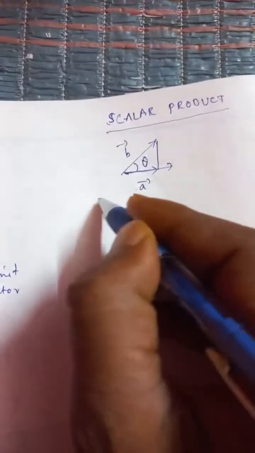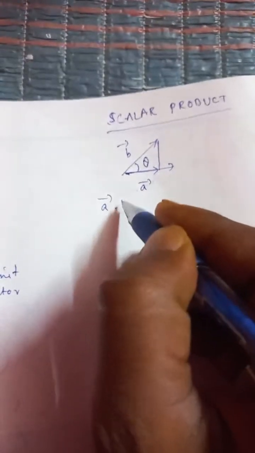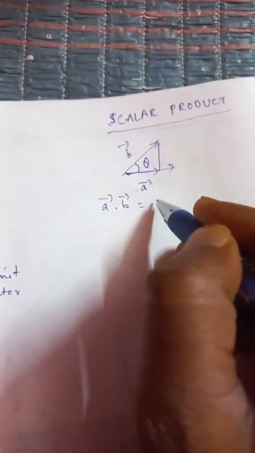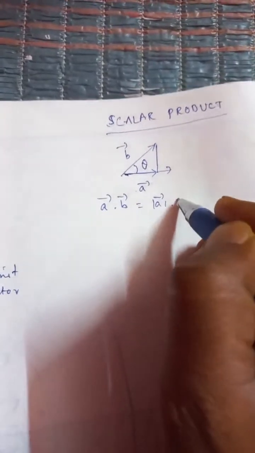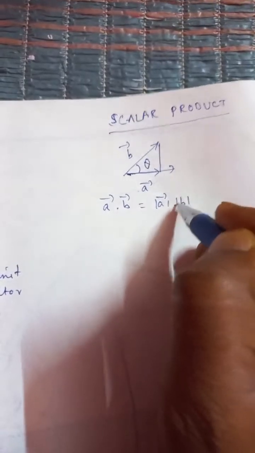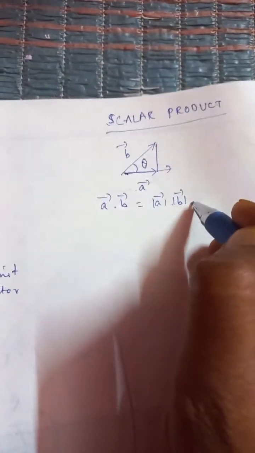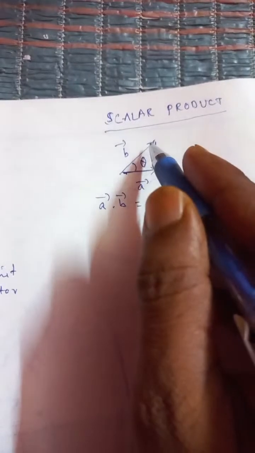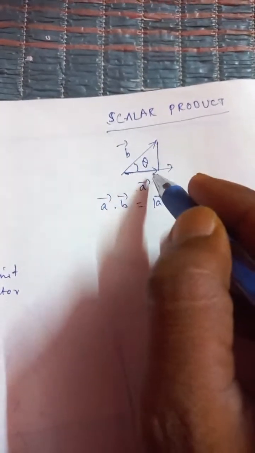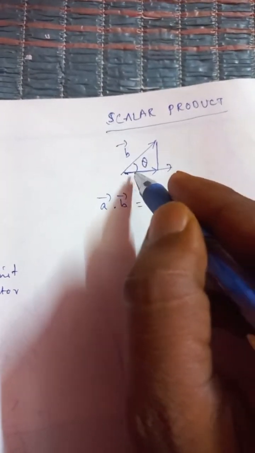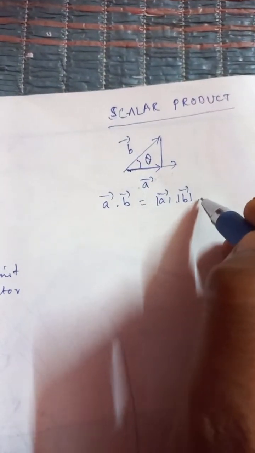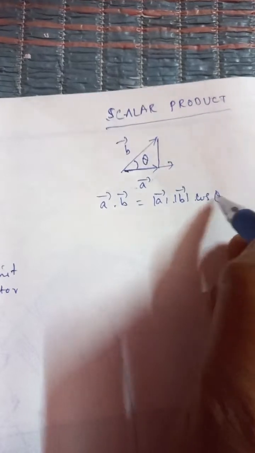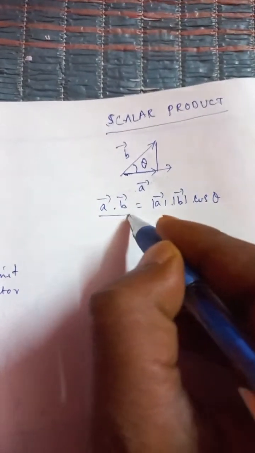So A vector dot B vector is equal to the modulus of A vector times the modulus of B vector times cos theta. Since the projected vector of B is mod of B cos theta, this will be A vector dot B vector.